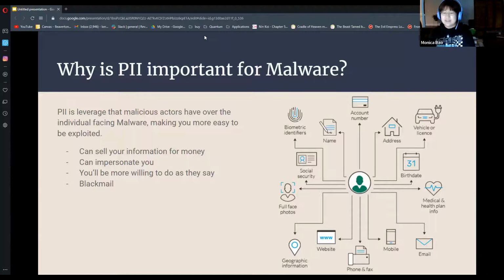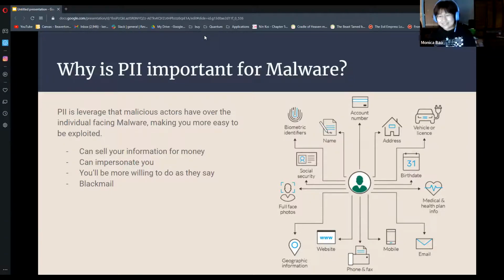The people that obtain your PII through malware can maybe sell your information for money, either to companies like Microsoft or Google, which already know a lot about you, for advertising, or on the black market, and relating to the second bullet point, they can impersonate you.